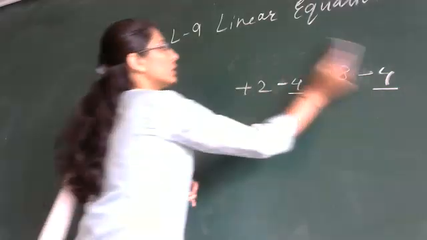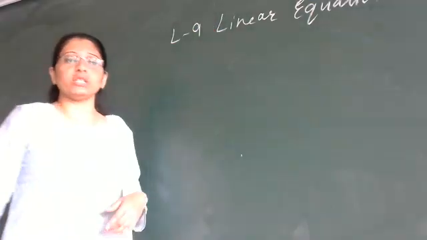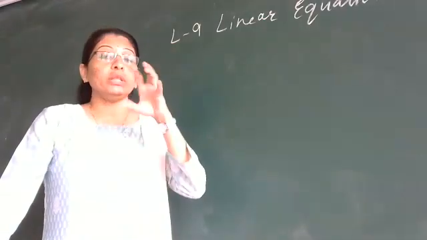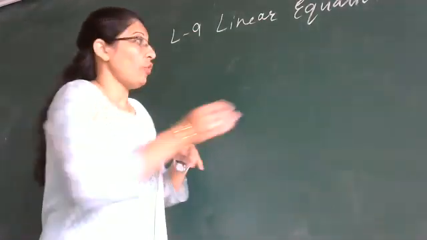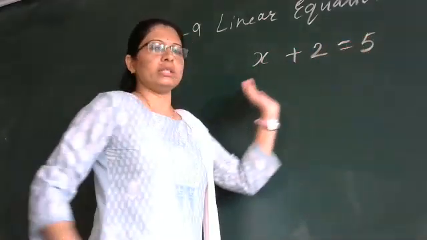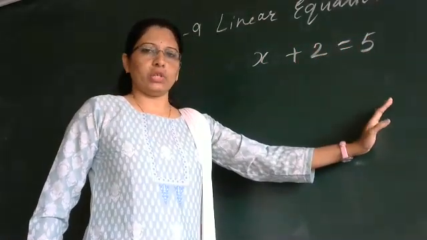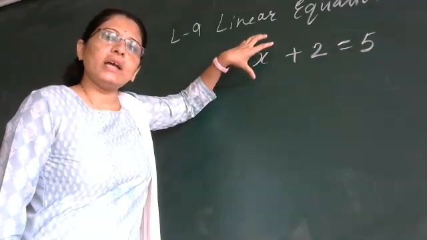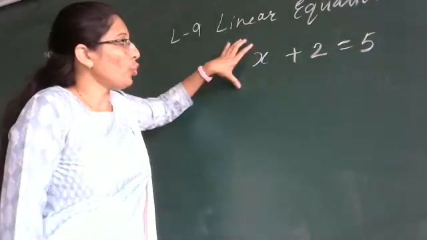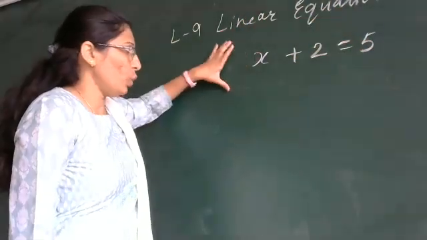Now, if a linear equation is given, for example, x plus 2 is equal to 5, this is one linear equation. Here x is an unknown value, we don't know its value.